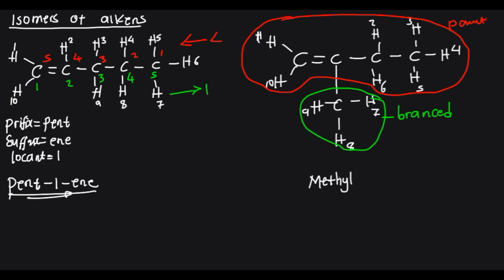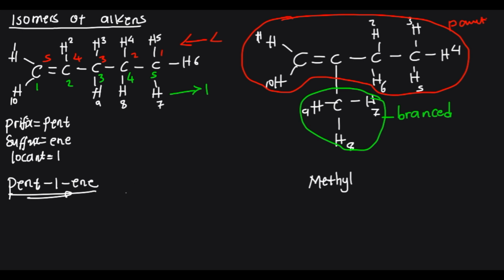For those that may want more of this, you can check the first video about the alkenes. So for the branch, you need to first identify the prefix. After that, you need to add yl to whatever prefix that you have come up with.